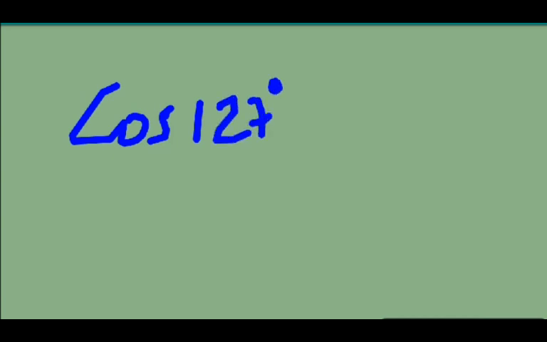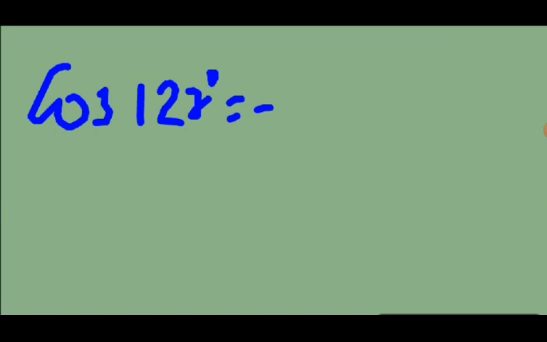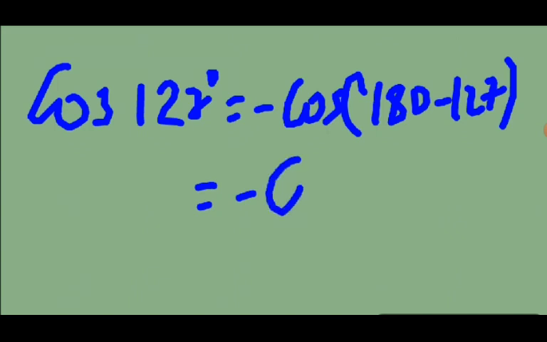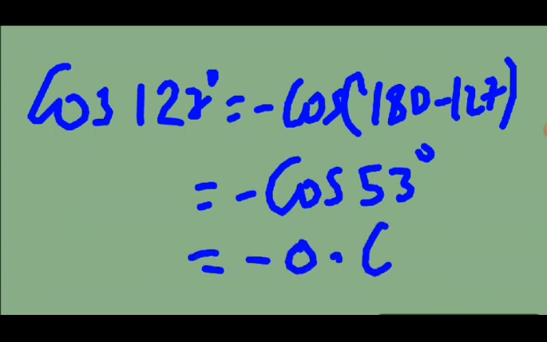So cos 127 is equal to minus cosine of 180 degrees minus 127. It becomes minus cos 53. Cos of 53 degrees is already known, which is 0.6.